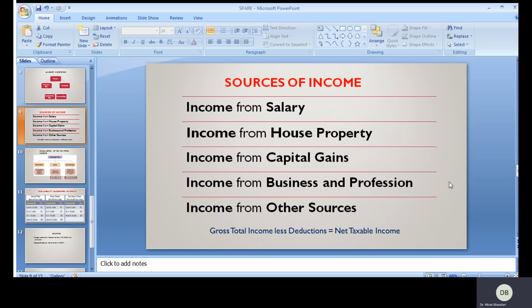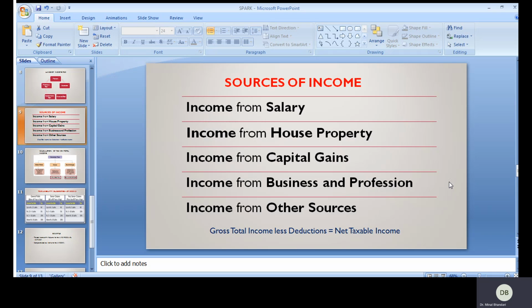Now in a detailed way we will see in the next session how to calculate income from salary, income from house property, income from capital gain, and other sources. So remember that there are 5 sources of income, and when we take all these income sources into consideration, whatever amount there is, it is called the gross total income.